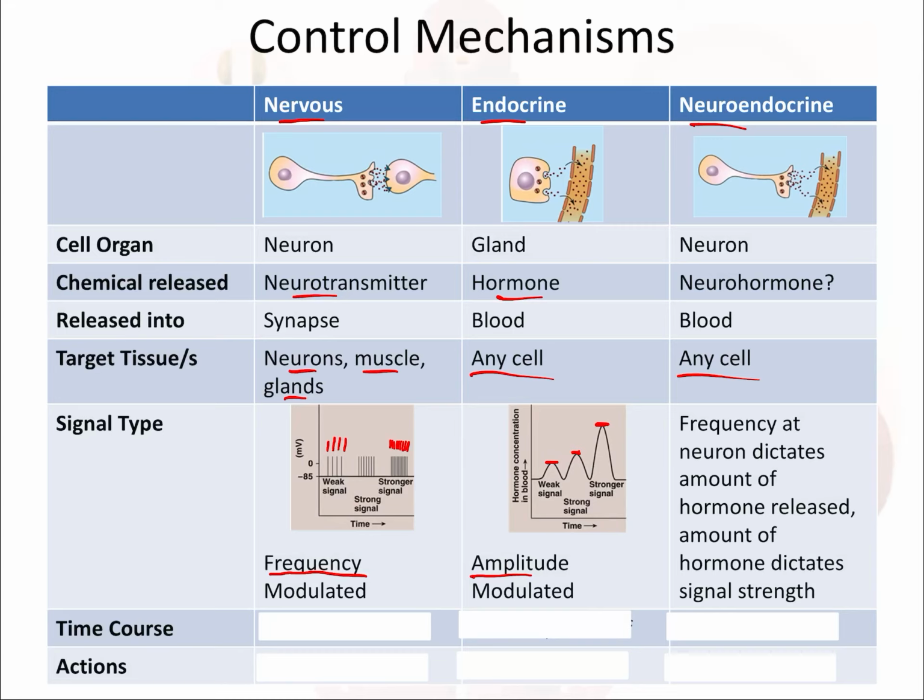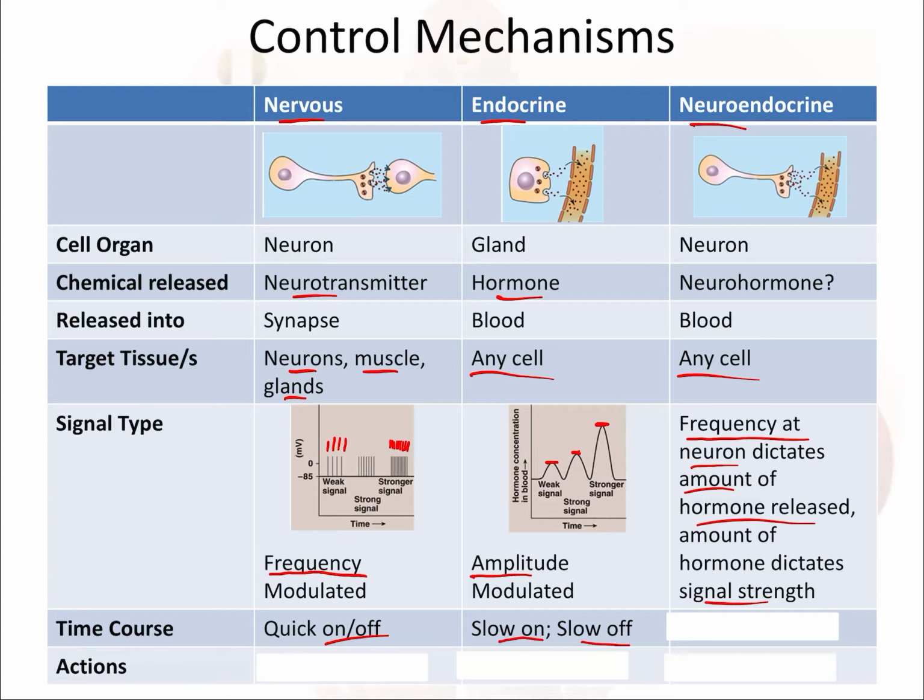The neuroendocrine is a combination of this. The frequency of action potentials on that neuron dictates the amount of hormone released, and the amount of hormone released dictates the signal strength. So it's a combo of frequency and amplitude. Time course: in the nervous system, we can turn it on and off rapidly. The endocrine system is slow on and slow off.